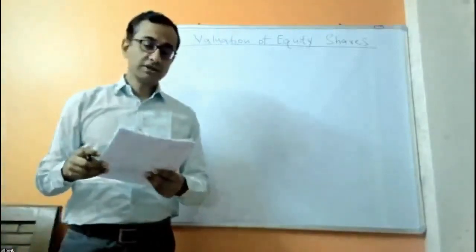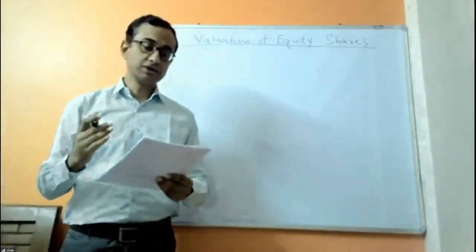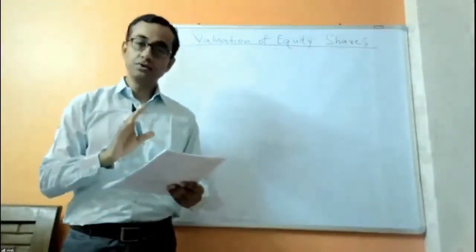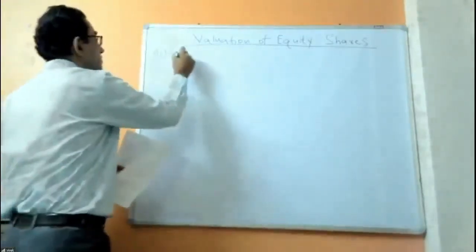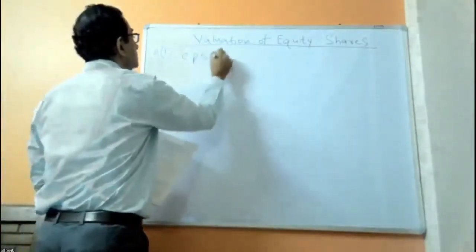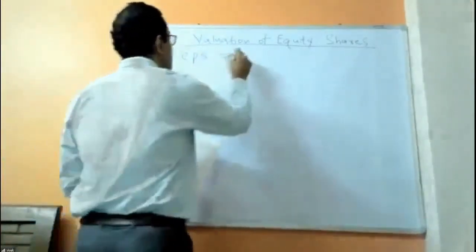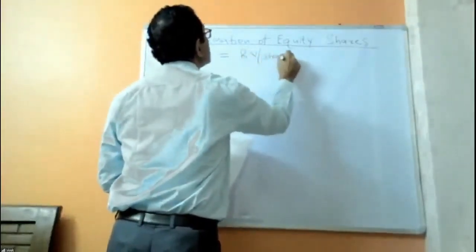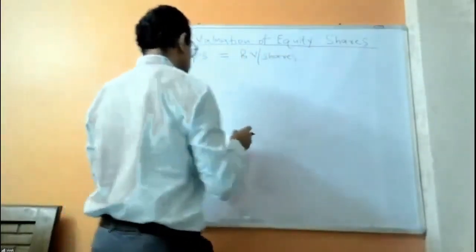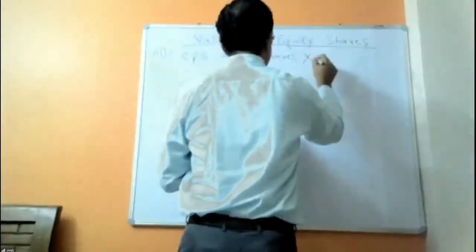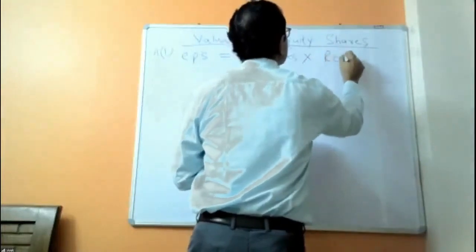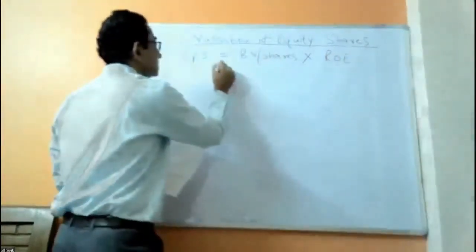It is given in the question again, book value per share. So it is nothing but the equity per share or the net worth per share, and return on equity is given. So you can easily calculate the earning per share or EPS. It will be book value per share multiplied by the return on equity.